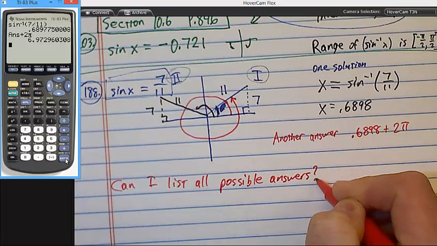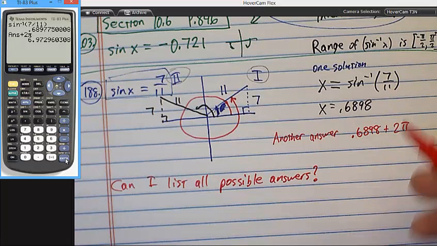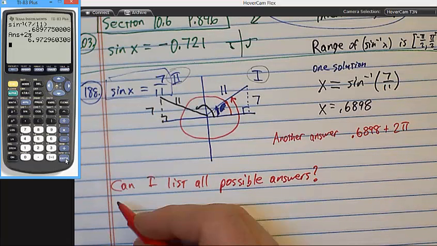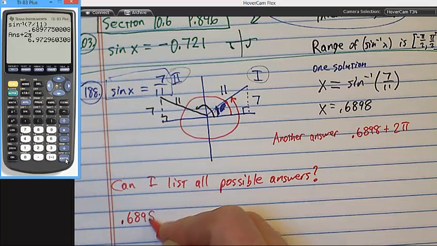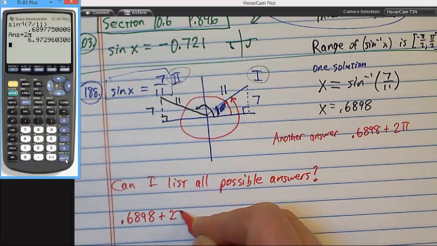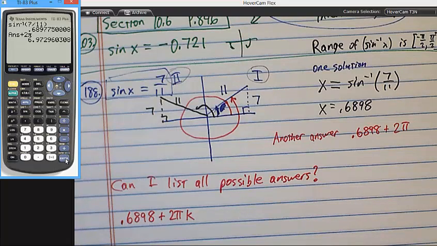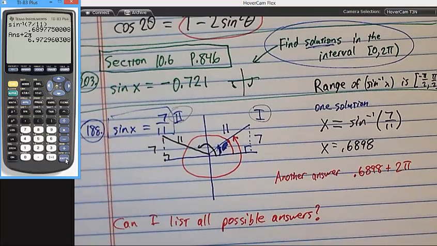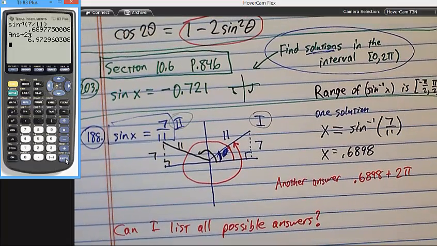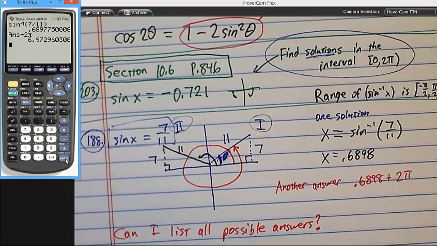So again, arcsine helps me find one of them, and then I use that to find the rest of them. So I guess I could say 0.6898 plus 2 pi k. That'll give me all the answers that appear in which quadrant? Quadrant 1. Now, are there other answers? There are. I haven't found them yet.